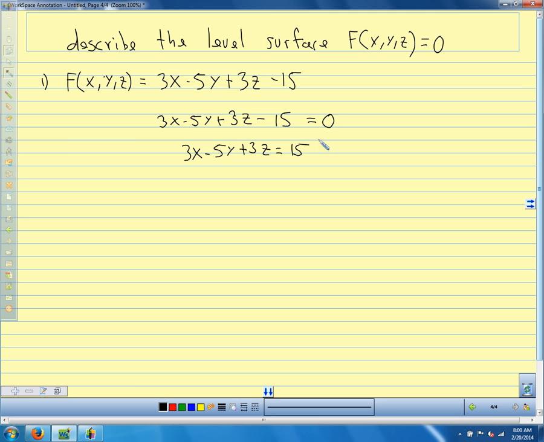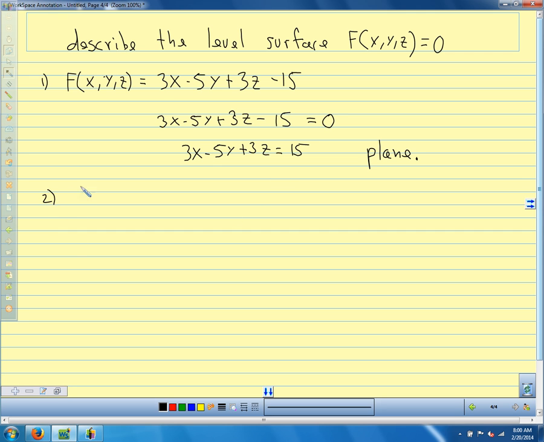Someone said it. This is a plane, linear in x, y, and z. Our normal vector is going to be 3, negative 5, 3. So the level surface f of x, y, z here is a plane.